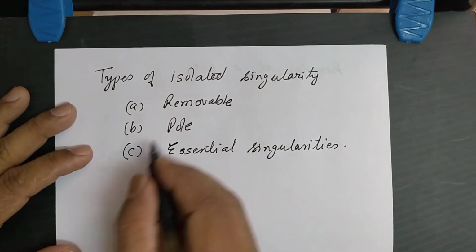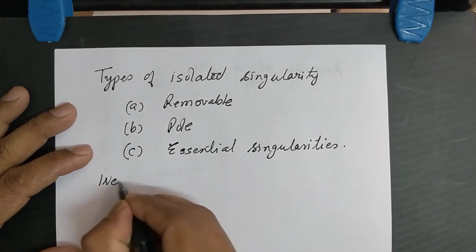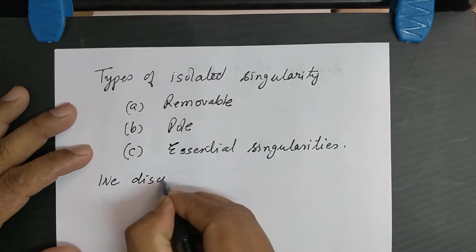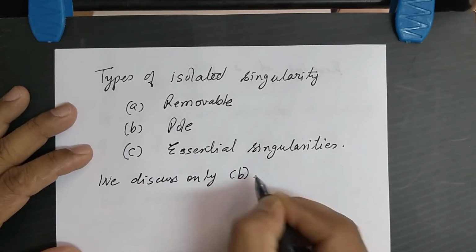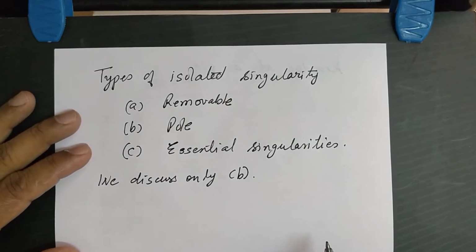We will discuss only B, that is poles. Okay.